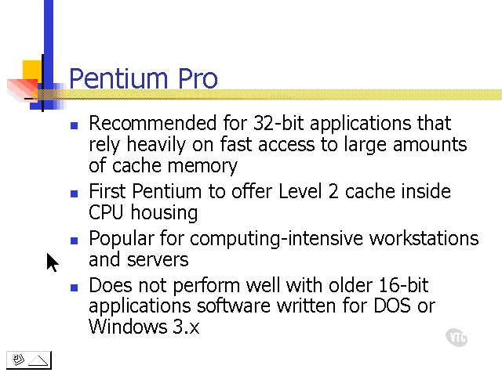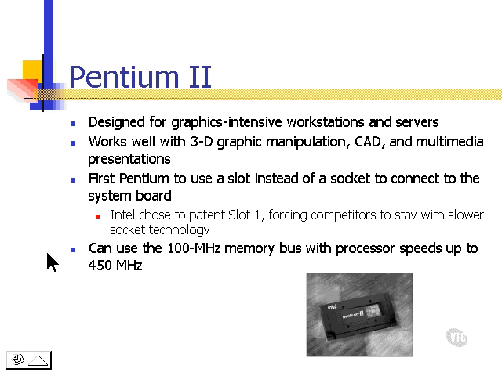So Pentium processors were very popular, and additional Pentium processors came out, like the Pentium II. The Pentium II works very well with 3D graphic manipulation and things like computer-aided drafting and multimedia presentations. The Pentium II was also the first processor to use a slot to install the processor.